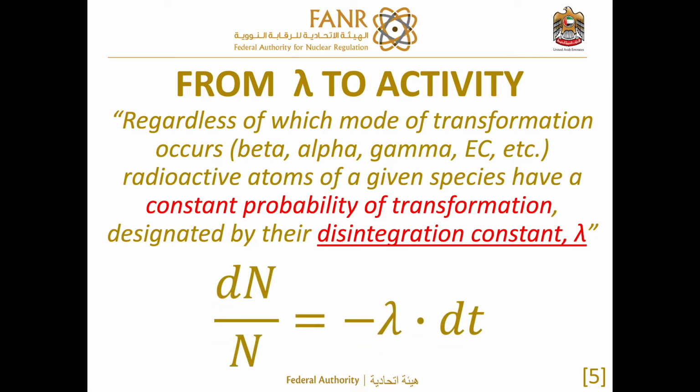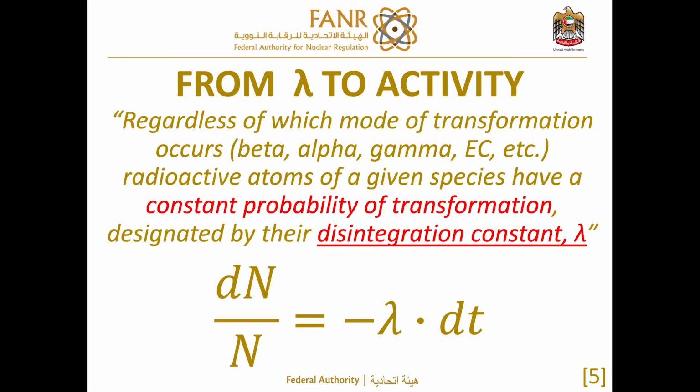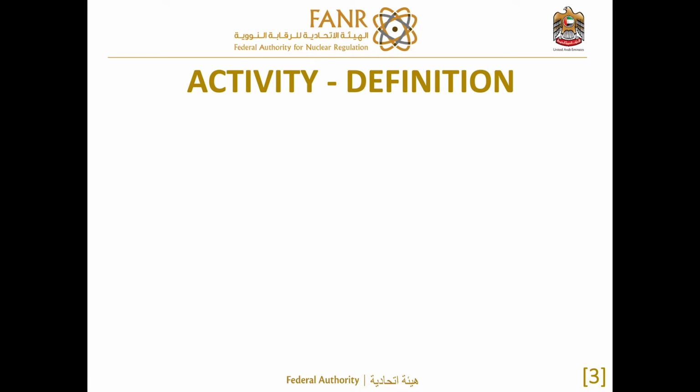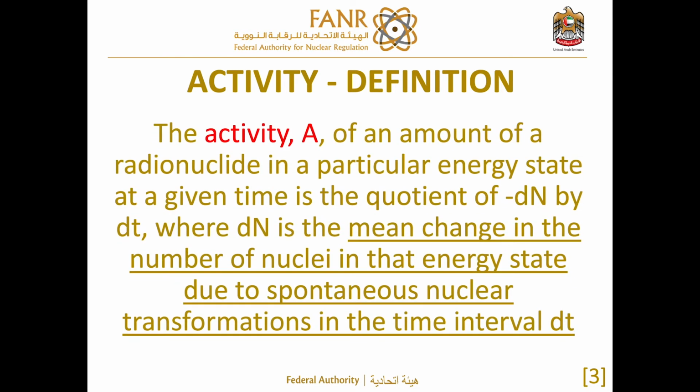So this is how what I just said is expressed in a formula: the number of transformations over the atoms in a sample is a constant, with a minus sign, because of course the transformation reduces the number of atoms, per unit time. And clearly, if we move dt under dn and we move N to the other side, we have that the number of transformations per unit time is the product of lambda by the number of atoms present in that sample.